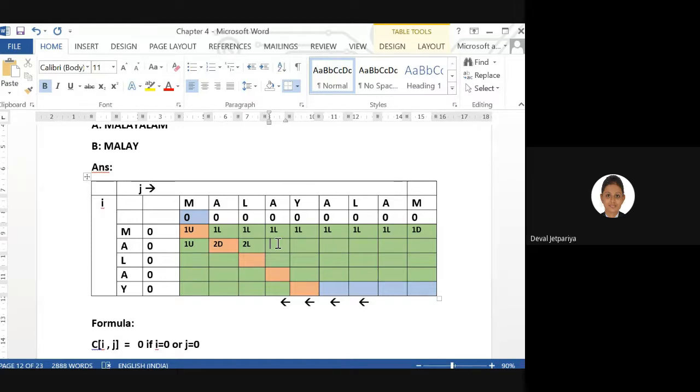How is it 3D, Manish, Amod, Avinash? What is the diagonal value at this box? First tell me that. I am asking the diagonal value, not the symbol. Amod, what is the diagonal value?